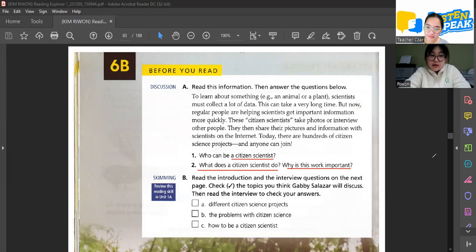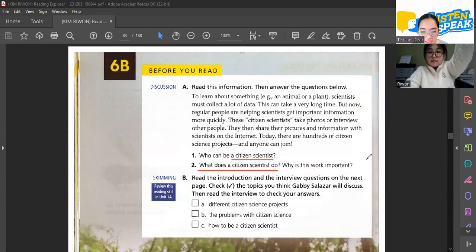Because this is a hard job to do by just one person. Okay, very good. Because if you combine all of the hard work of everyone, it would be easy because you are helping each other. So meaning if you are helping each other, work would be easy because you are working together.